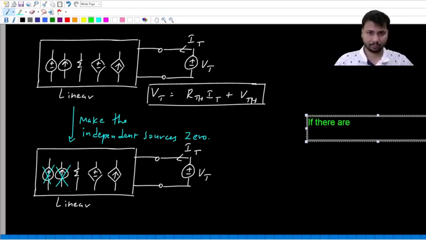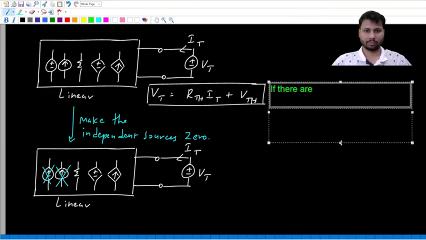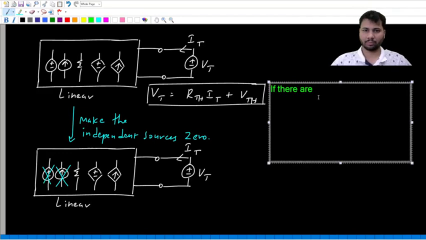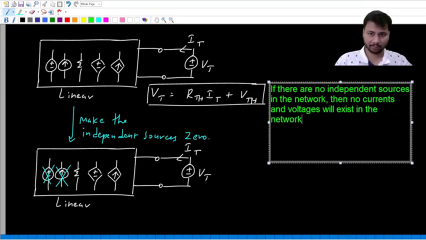If there are no independent sources in the network, then no currents and voltages will exist in the network.